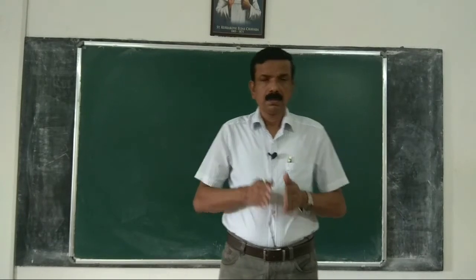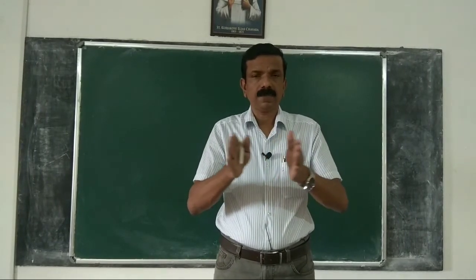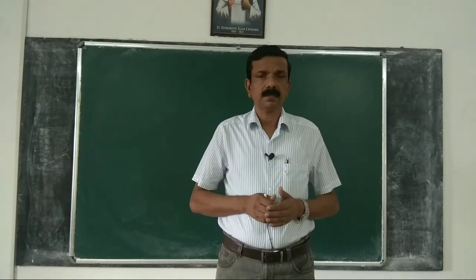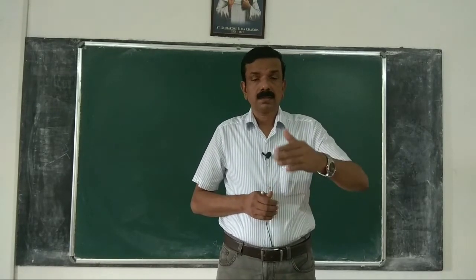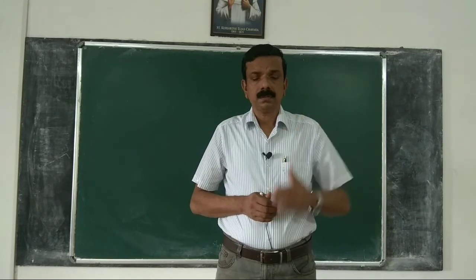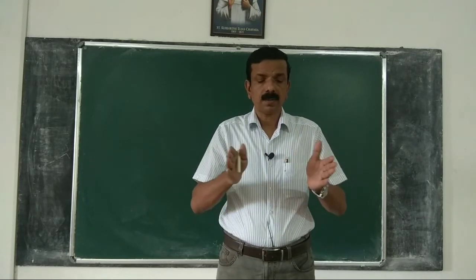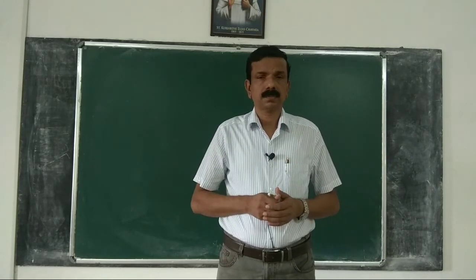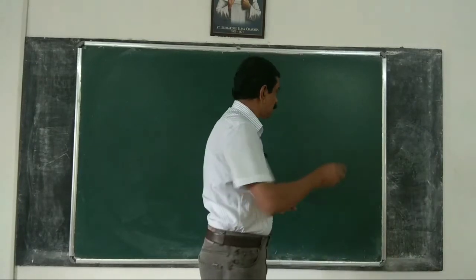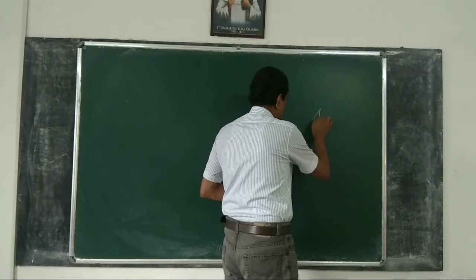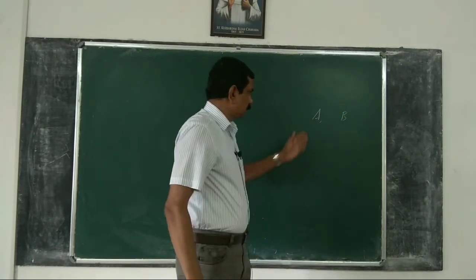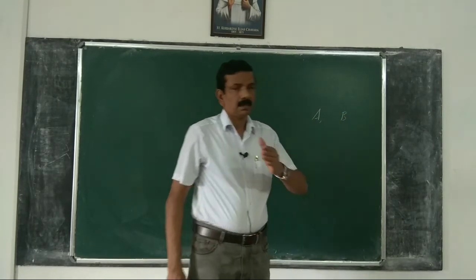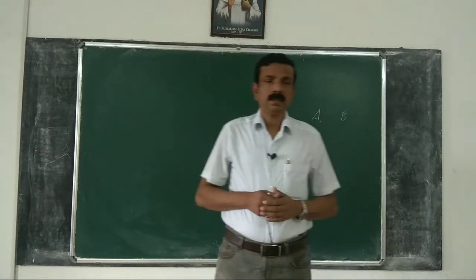When one firm takes a decision, it knows that its competitor is also deciding how much to produce. If the competitors are A and B, the decisions are taken simultaneously.